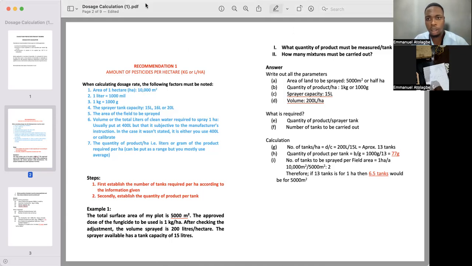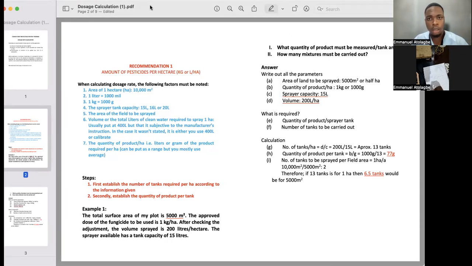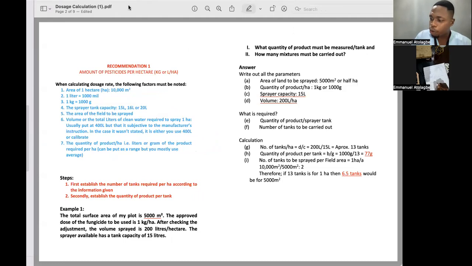What quantity of product must be measured per tank? Question 1. 2, how many mixtures must be carried out?